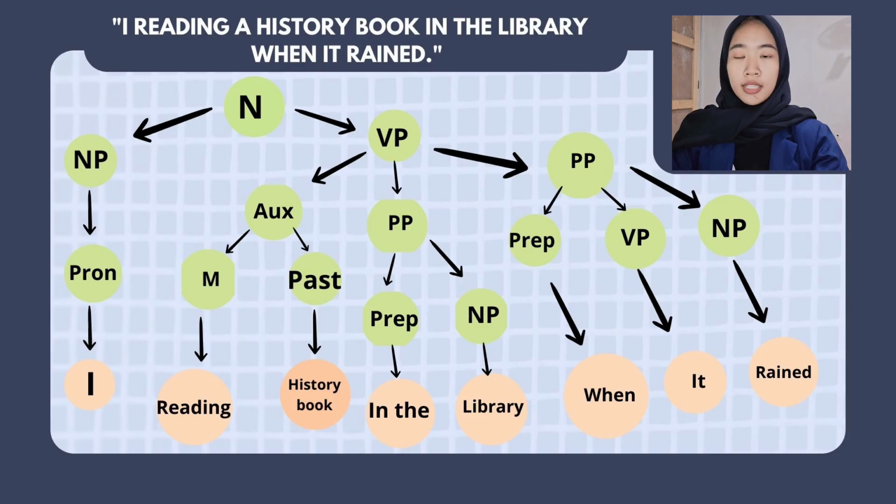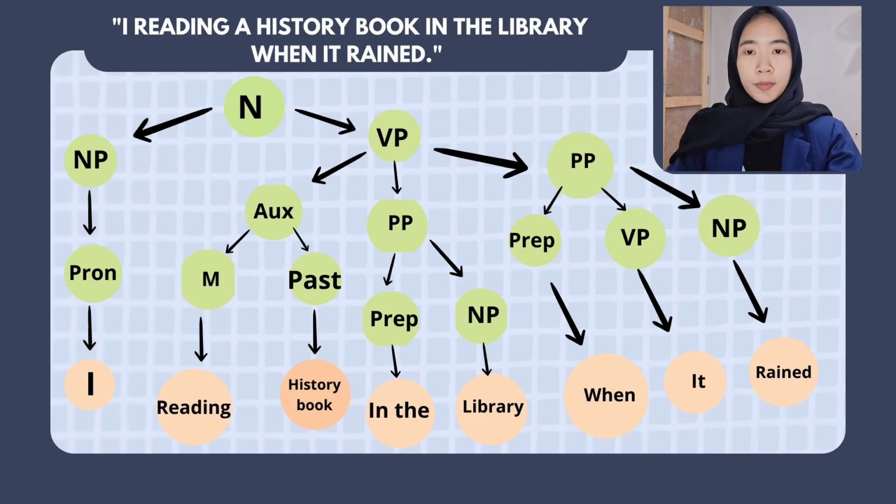Here it is only the word I, which indicates one person. Therefore, we have to write first person pronoun, singular. Simple, right? This is like the main character of our sentence. Now, let's move on to the other part, namely VP or verb phrase.